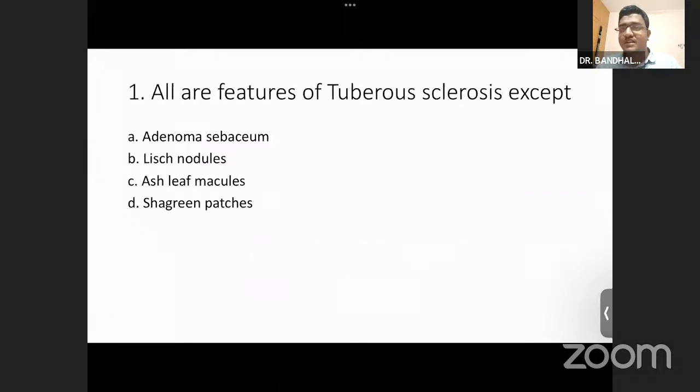The first question: all are features of tuberous sclerosis except option A, adenoma sebaceum, option B, lesion nodules, option C, ash leaf macules, option D, shag-green patches. So it is a straightforward question. You should know the cutaneous manifestations of tuberous sclerosis.